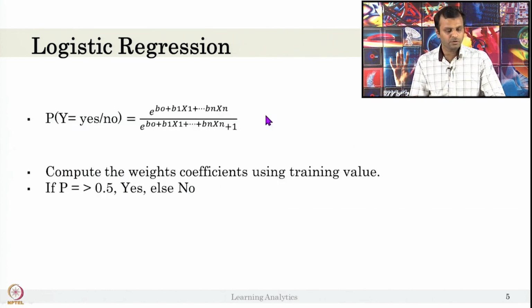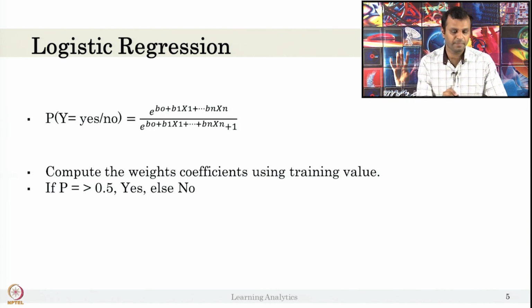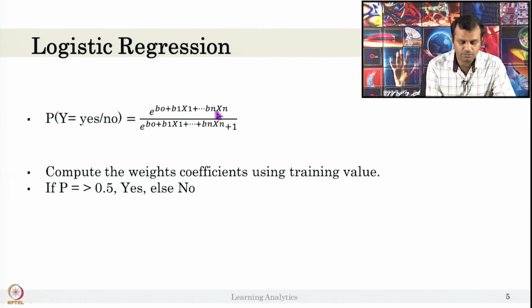If I want to put that in the regression, the probability of y being yes or no, or pass or fail, can be given as e power t divided by 1 plus e power t, where t is formed from x1, x2, x3 and b0. The t value is exactly what we computed in a regression formula. You see the regression like y equal to mx plus c, right.